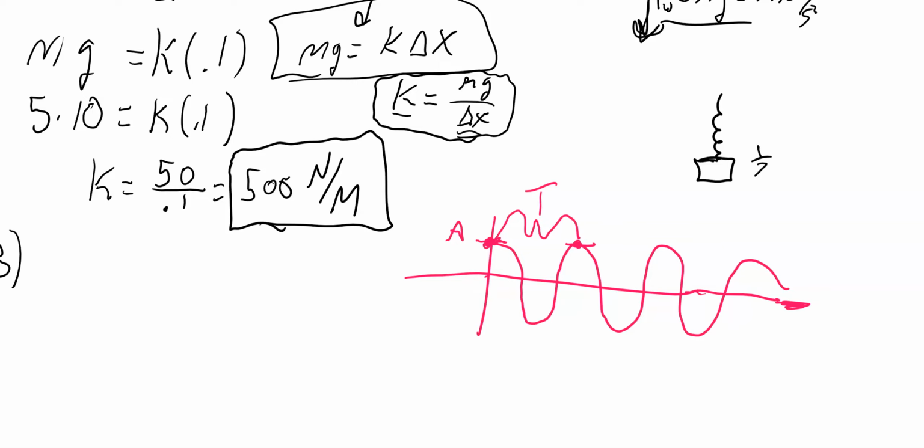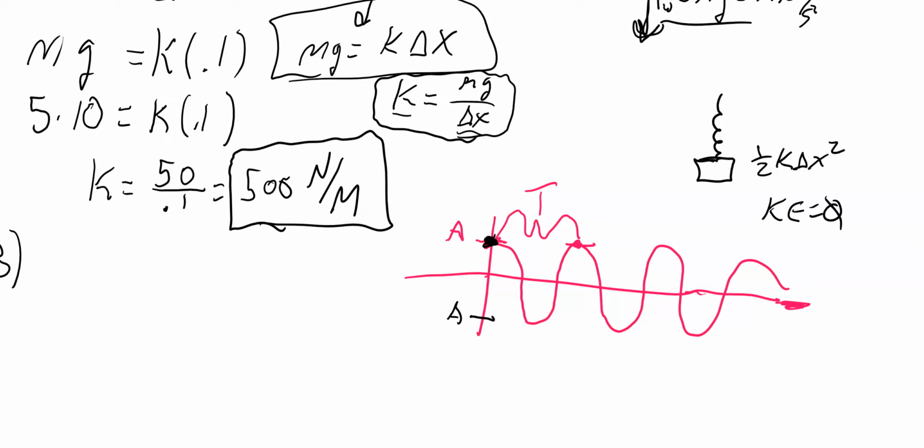It's got an extra 1/2 k times delta x squared's worth of potential energy, and it has no kinetic energy, so KE equals 0 because it's not moving, right? And so the question is, if it starts that far away, this is where it starts at A, how far will it go to the other side?